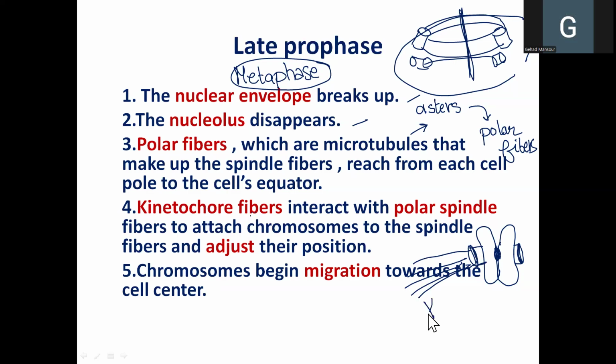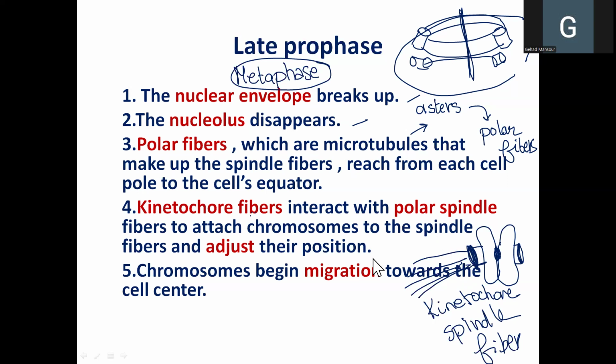The kinetochore spindle fibers are part of the spindle fibers. Not all the spindle fibers are called kinetochore spindle fibers. Only those that are attached to the kinetochore are called kinetochore fibers, and they are very important to adjust the position.